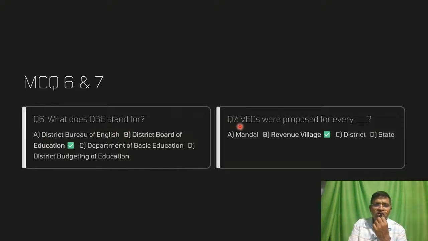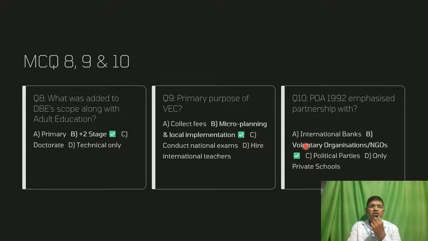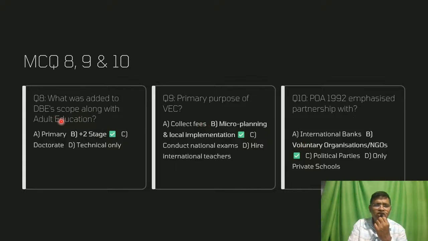Do remember. Then VEC was proposed for every what? Is it mandal, revenue village, district, or state? Village education committees were proposed for every revenue village. You have to remember the same. Then what was added to DBE's scope along with adult education?